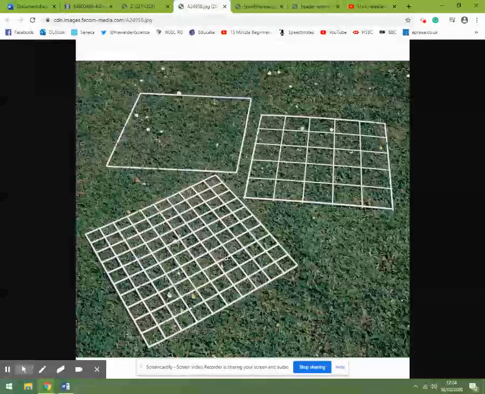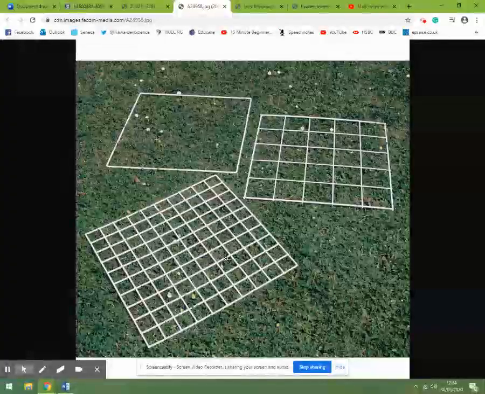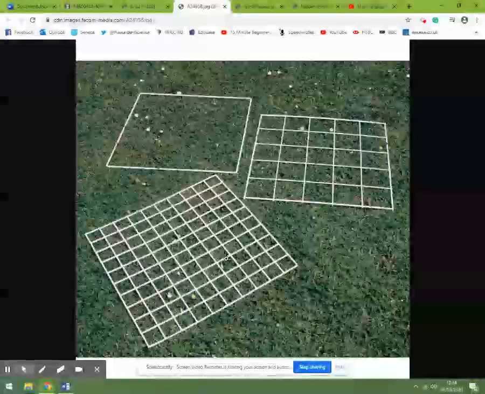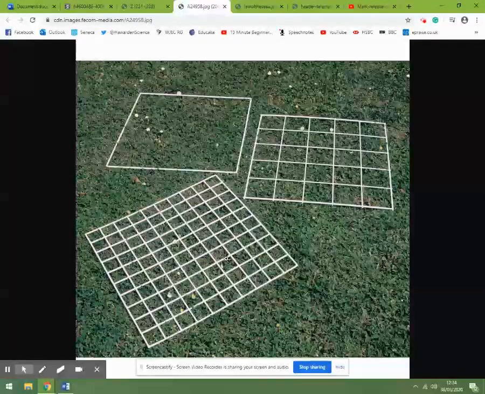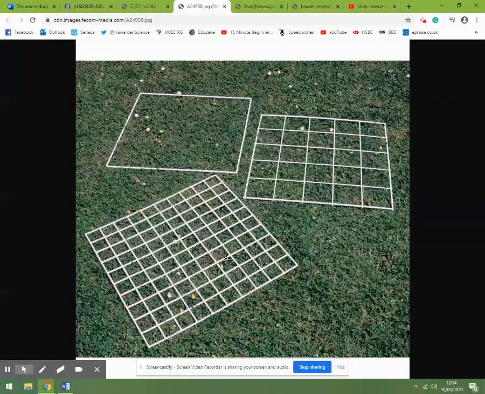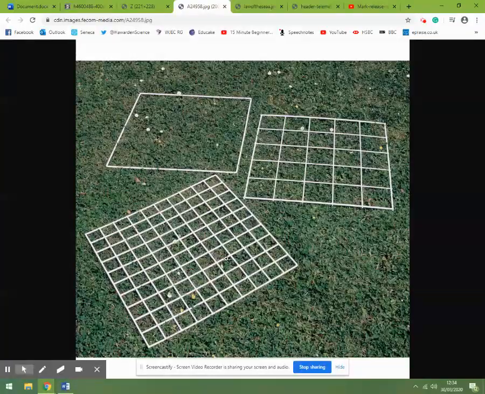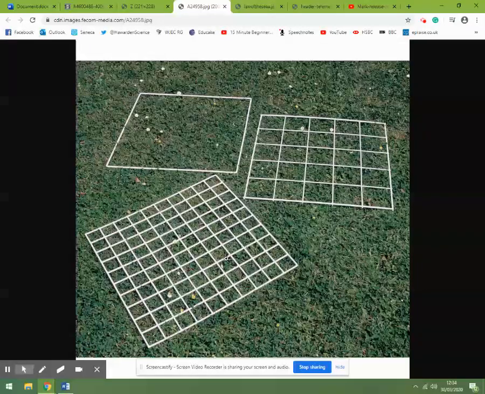And if you know the overall area of the field, you can estimate the population size for that particular field. So if you know, for example, that you could fit 1,000 quadrats in that field, and there is an average of 4 daisies per quadrat, well, 1,000 times 4 would give you a population of 4,000. So that's your estimate.